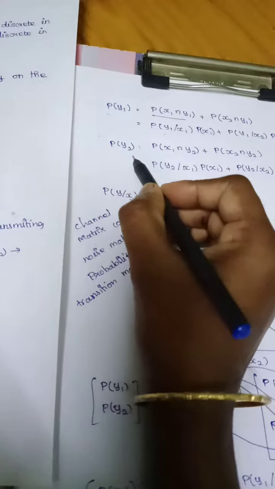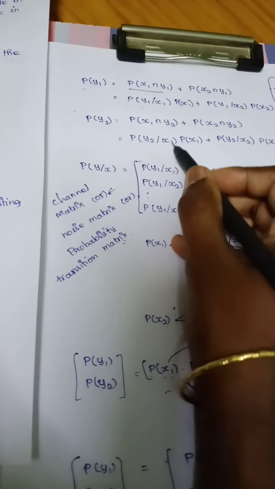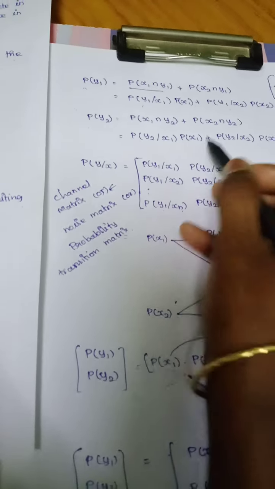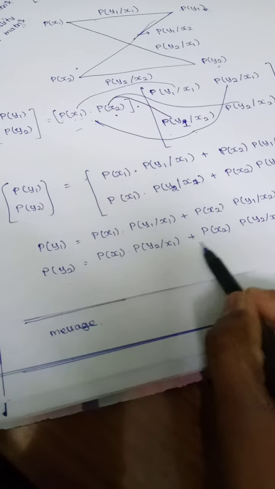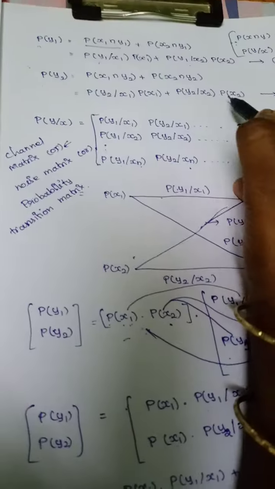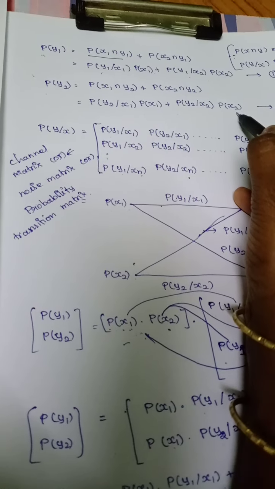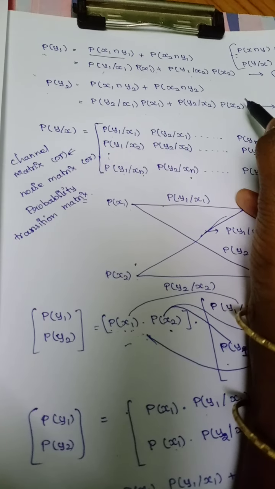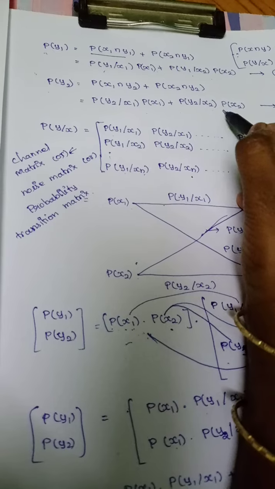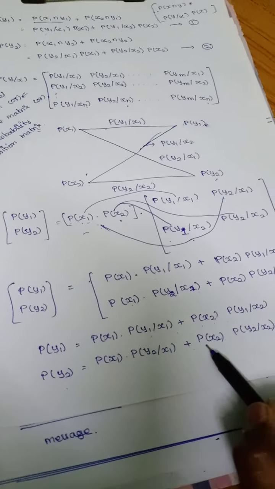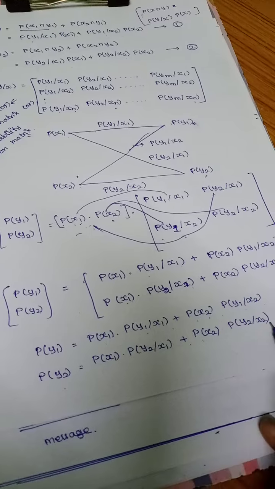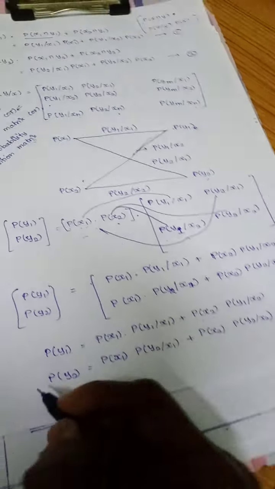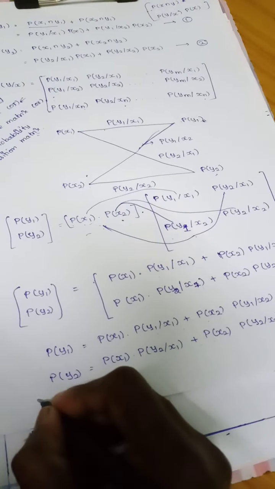See, P of y2 is equal to P of x1 into P of y2 divided by x1, plus P of x2 into P of y2 divided by x2. Hence, we have solved the equation.